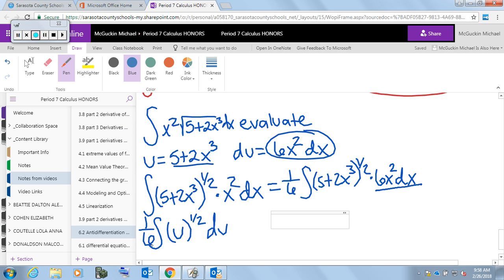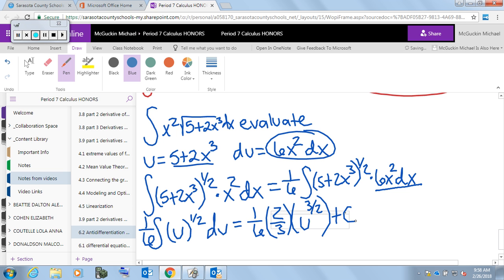So, now it's a basic integral. I will add 1 to the power 1/2, so that's going to be 3/2, and divide it by that new power, which will be 2/3. So 1/6 times 2/3 u to the 3/2 power. Remember that plus c, our constant of integration.